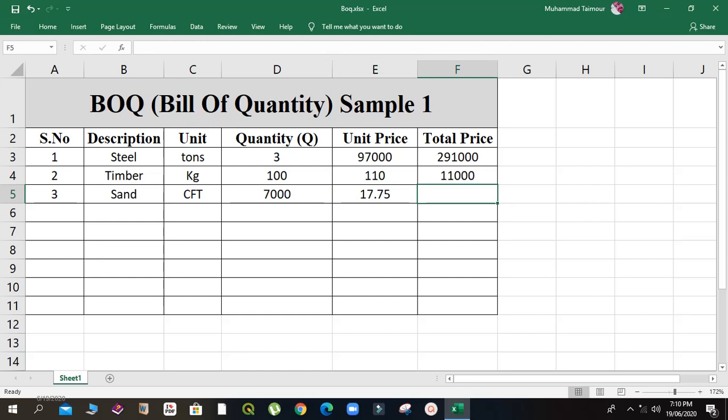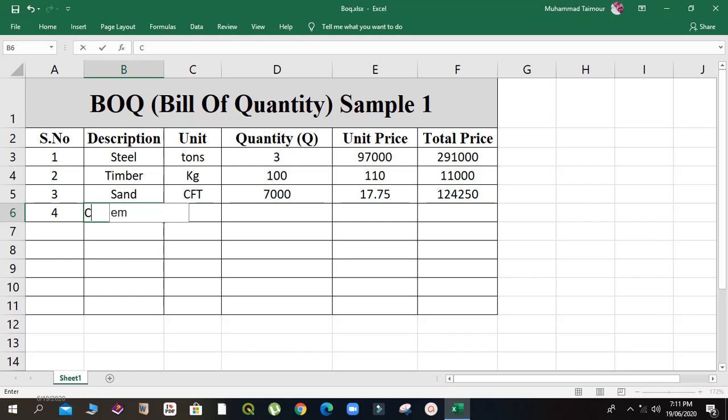Here I have already put the formula, so I will scroll it down for the row. This is the actual value of the total price, which comes from the multiplication of quantity and unit price.